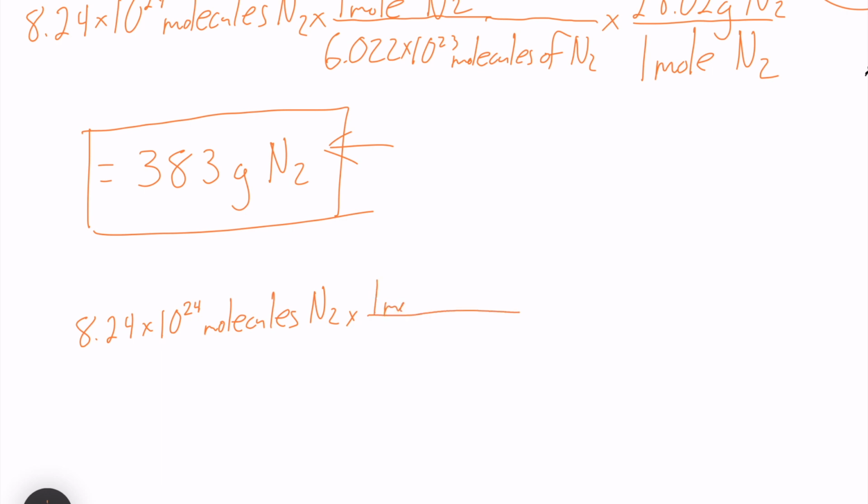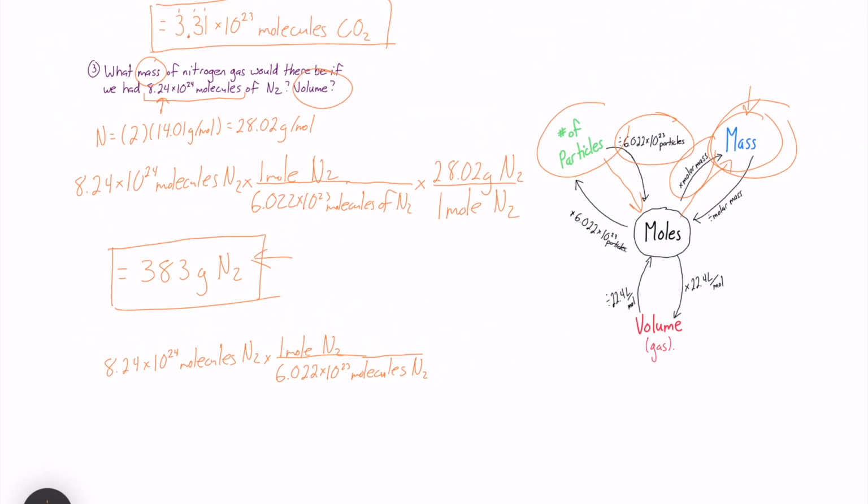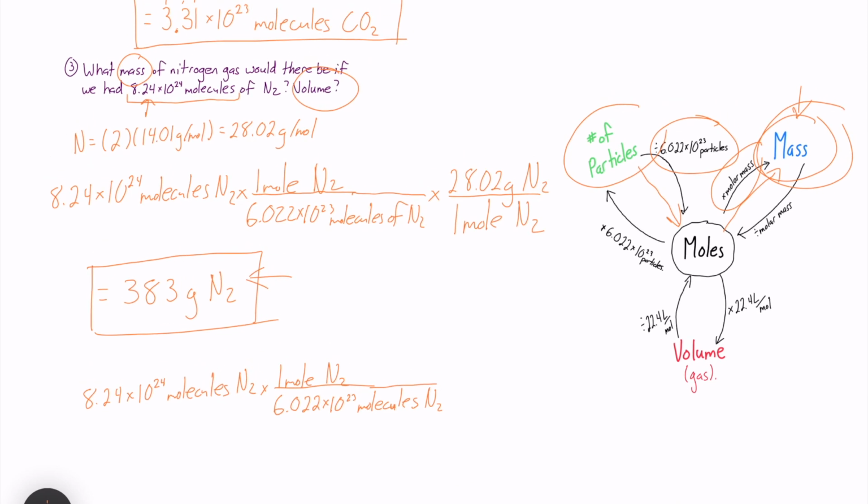So we want 1 mole of N2 on top, and we want Avogadro's number on the bottom because we're getting rid of molecules. So 6.022 times 10 to the 23 molecules of N2. I'll extend that line a little bit. And remember that constant, if we are working with a gas here, folks, and we are getting from moles to volume, we must multiply by that 22.4 liters per mole.